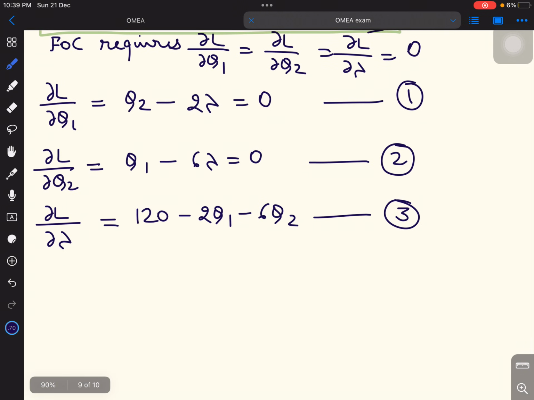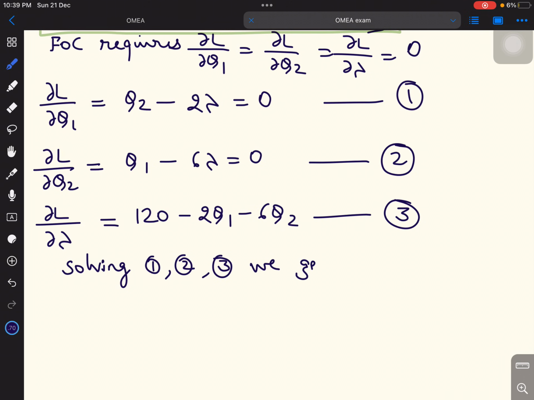Now solving these three simultaneously, solving 1, 2 and 3. In the exam always write step by step and write it very neatly. You will get better marks, and it's easy for you also. So Q2 is equal to 2 lambda, Q1 is equal to 6 lambda from equations 1 and 2, so that means Q2 upon 2 is equal to Q1 by 6.